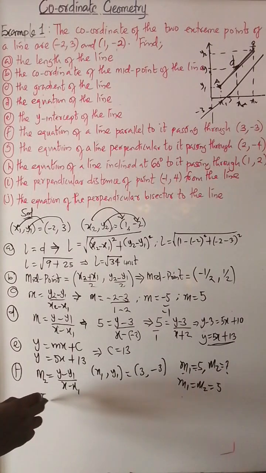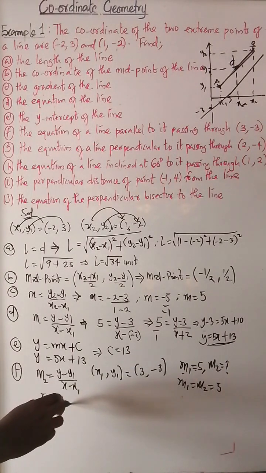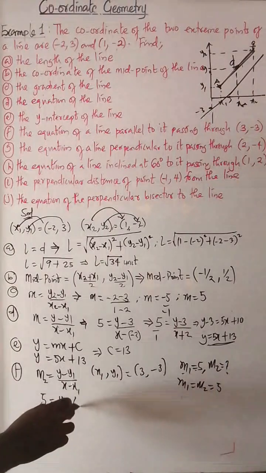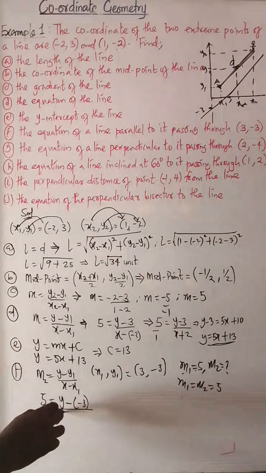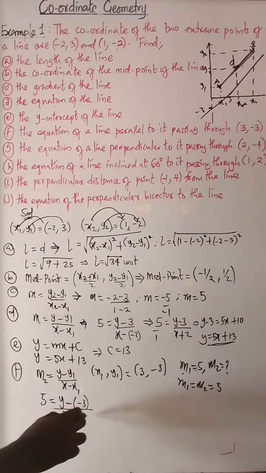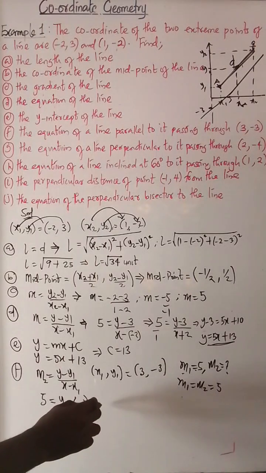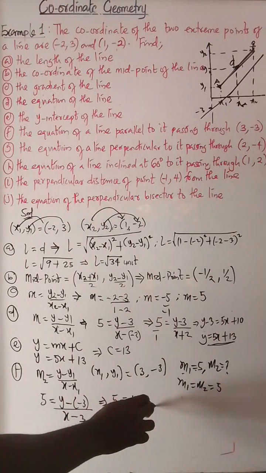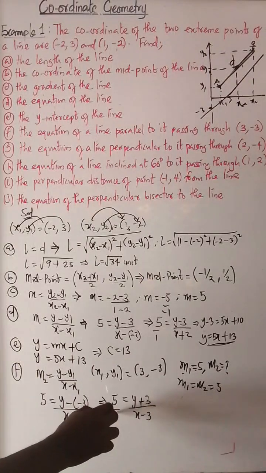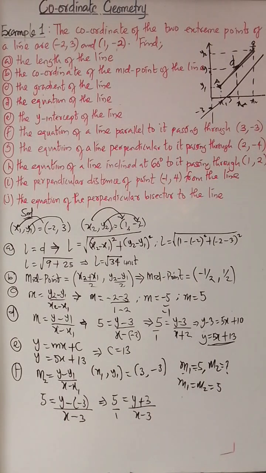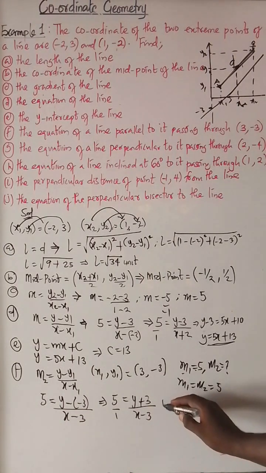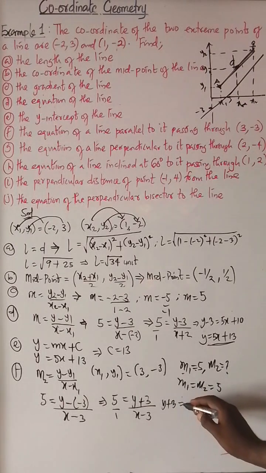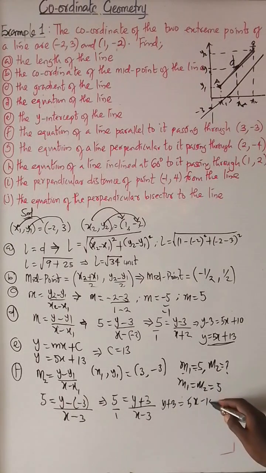So I'll write 5 equals y minus, what is y1? Minus 3. Over x minus, what is x1? 3. So from here, 5 equals y plus 3 over x minus 3. By the time we cross multiply, you'll have y plus 3 equals 5x minus 15.